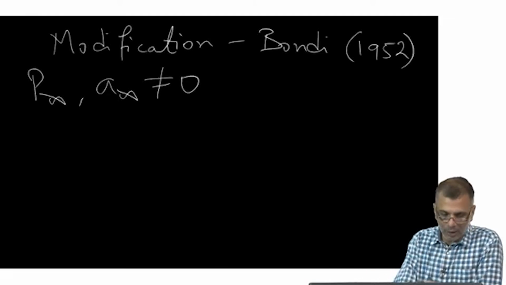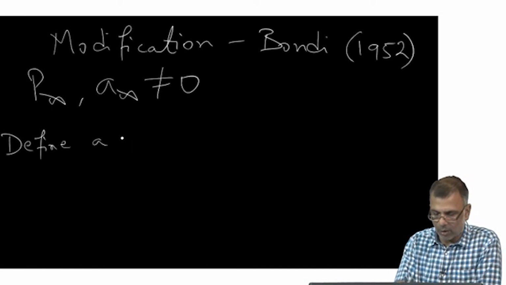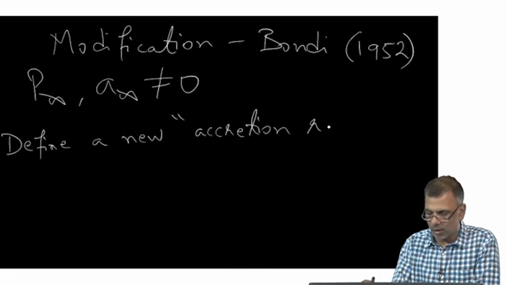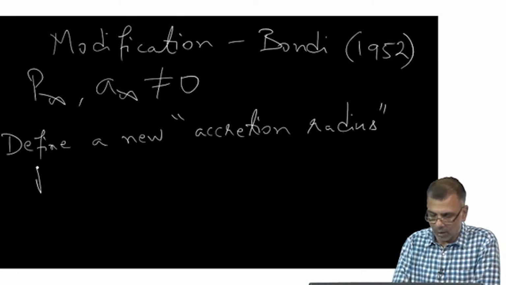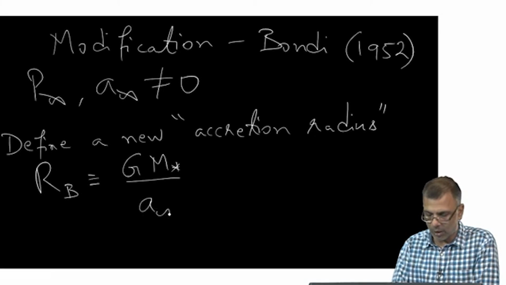Okay. So, we define a new accretion radius R_B as GM over a infinity squared.